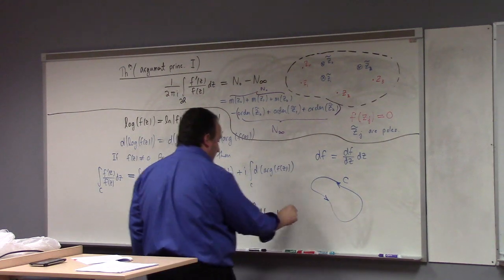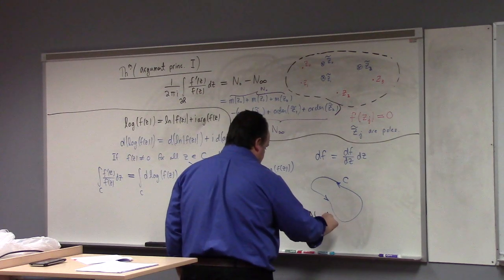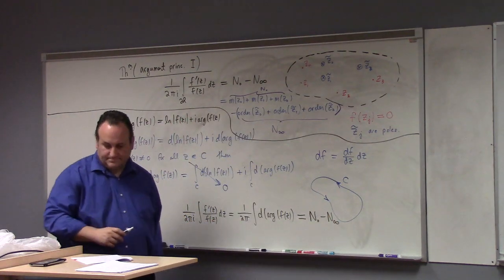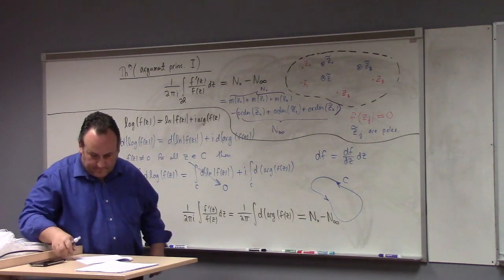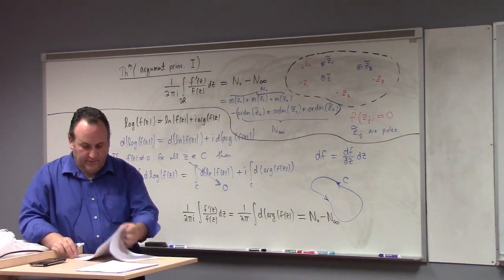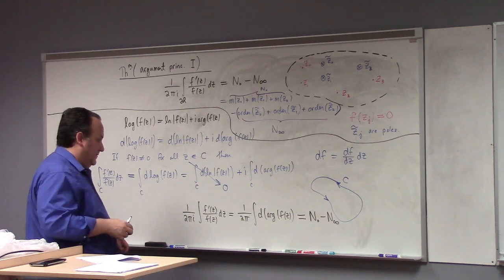And then, of course, that's also n sub 0 minus n sub infinity. But that's not typically how argument principle 2 is written.